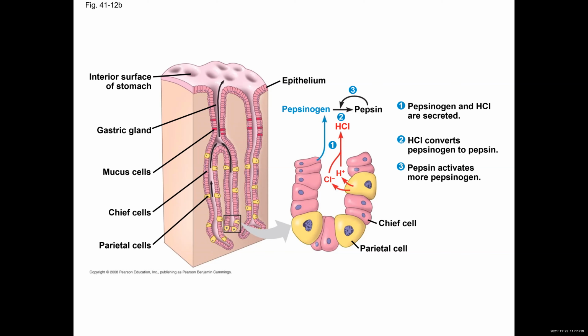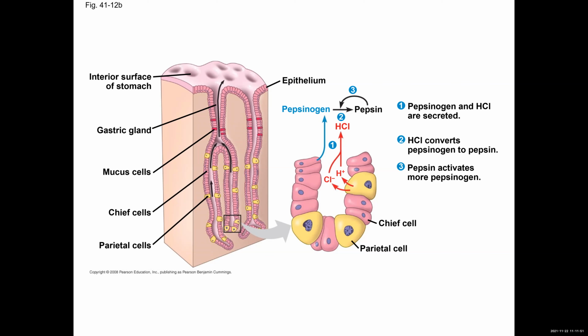The hydrochloric acid also is a way to help suppress the growth of bacteria that may have gotten into our stomach with the food. All right, so this acidic environment and these protein digesting enzymes actually can cause damage to our own cells. So the stomach has a few mechanisms that are going to help minimize the damage that the digestion of our food is actually causing to the body part itself.